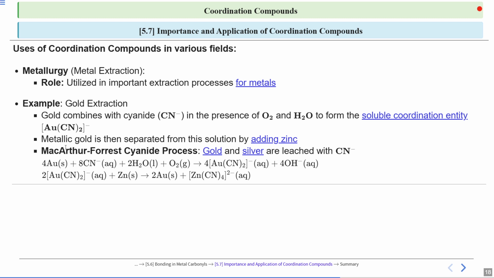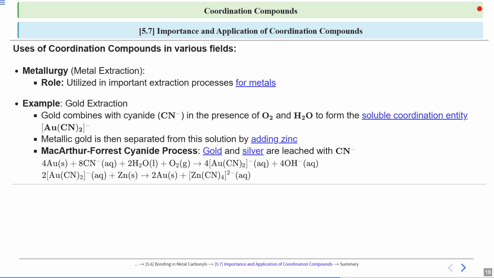So there is the MacArthur-Forrest cyanide process, known for gold and silver that are leached with cyanide ion. So 4 gold plus 8 CN negative plus 2 water molecules plus oxygen. In the presence of oxygen and water, when you add the cyanide with the gold, it is going to form this complex, 4 Au(CN)2 with negative charge, plus 4 hydroxyl ions.